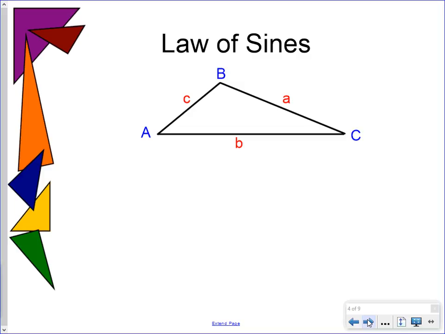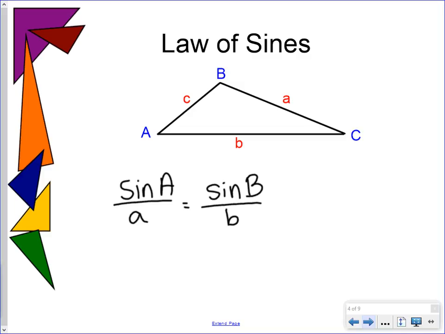So I'm going to say the law of signs says the sine of angle A divided by side length A is equal to the ratio of sine of angle B divided by side length B, which is also equal to the sine of angle C divided by side C. You found that out in the pink activity. And if you didn't finish the full back page, you could go back and draw on that altitude and run through the same process and see that that's going to become true.